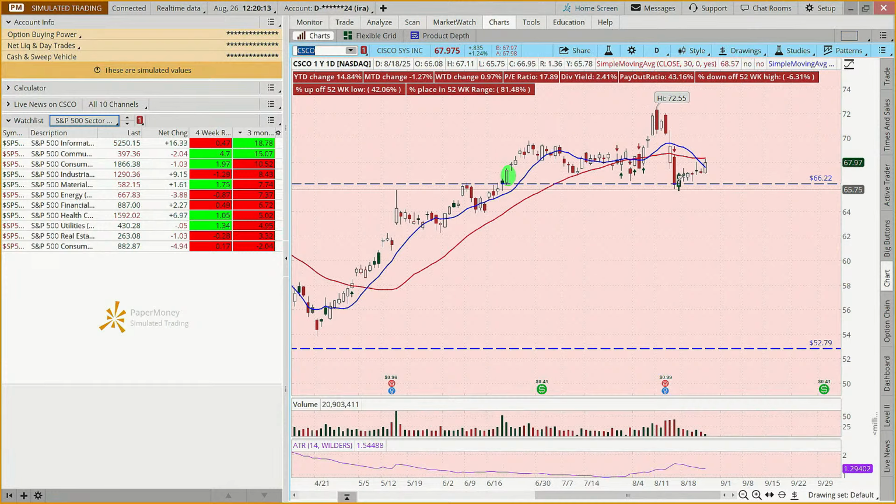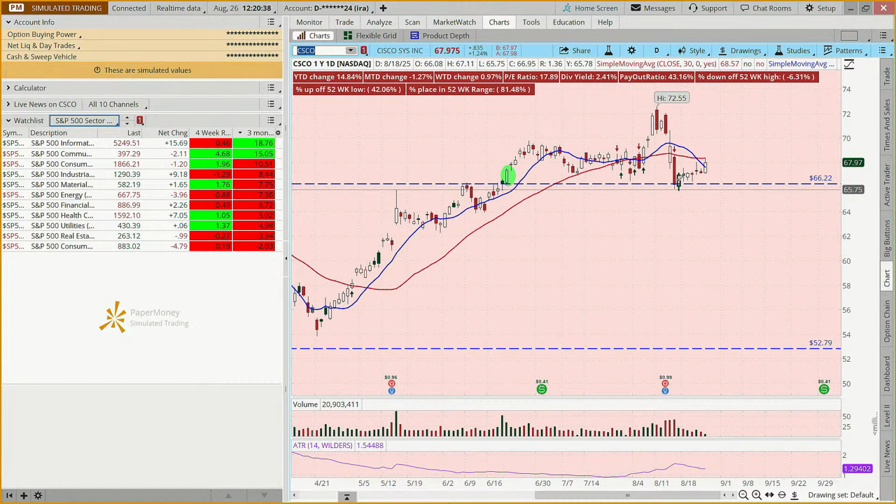So let's go 3% below that, times 0.97, at 63.77. So if we wanted to put that in, that would be Cisco 63.77. And then our swing target could be 72.55, or we might make it just 72.